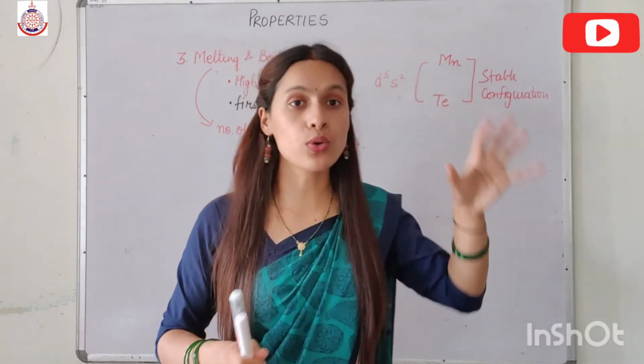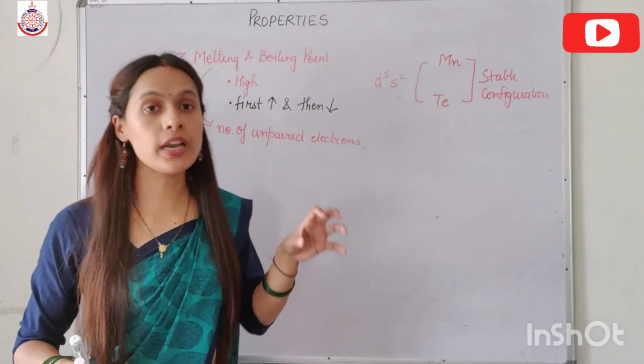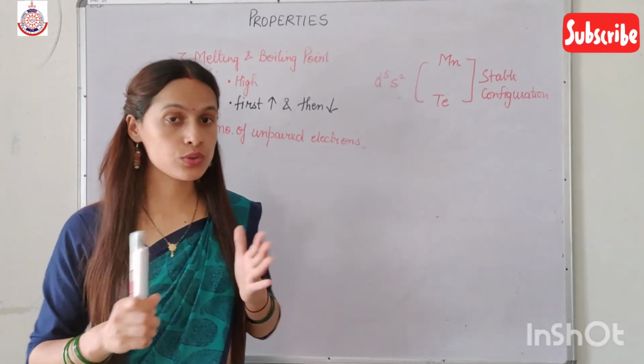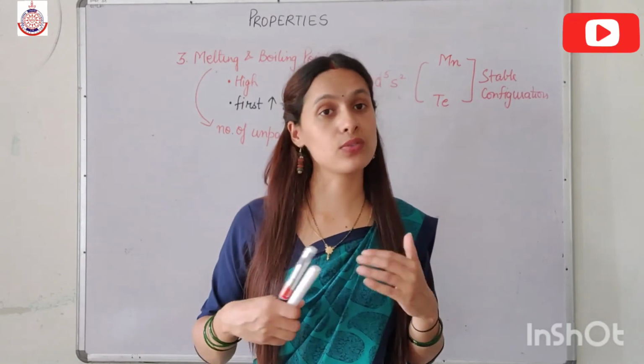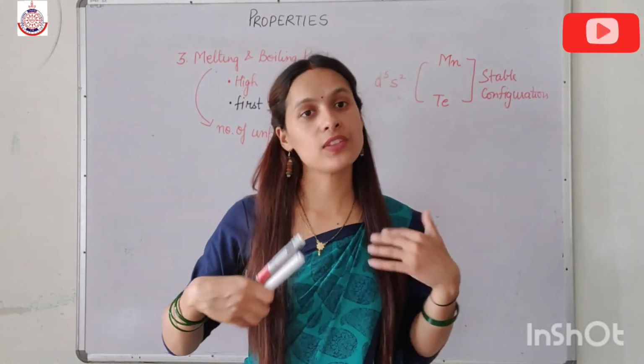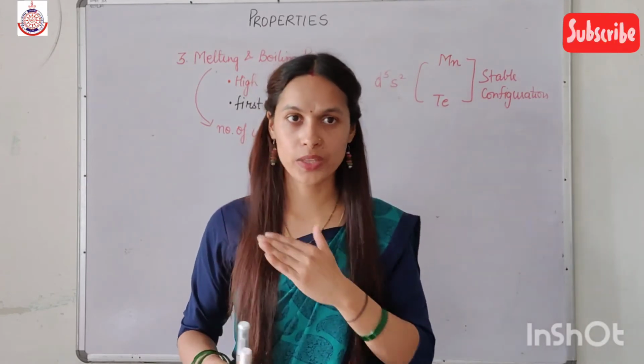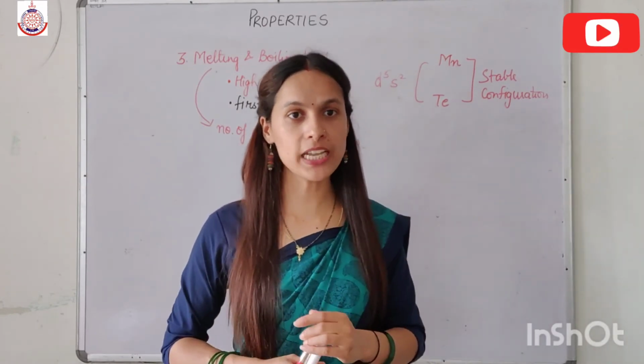They don't do the delocalization of the electron, and because they don't delocalize their electron, they don't form metallic bond, and if they don't form metallic bond, then the melting and boiling point should be low.